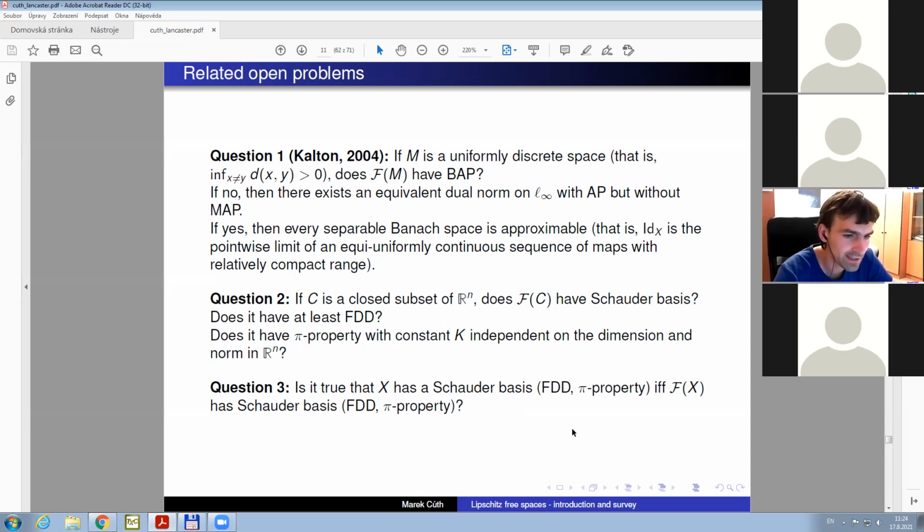This was actually the start of the whole study, but nowadays researchers are interested in more topics than just approximation properties. And in the last 5 or maybe 6 minutes, I'd like to recall some areas of research which are seriously taken into account by researchers working in this field.